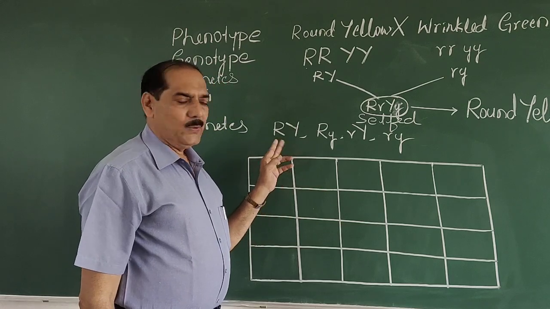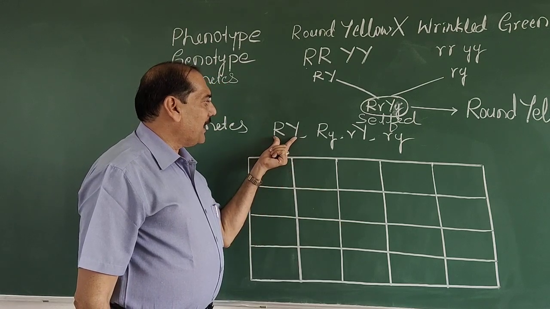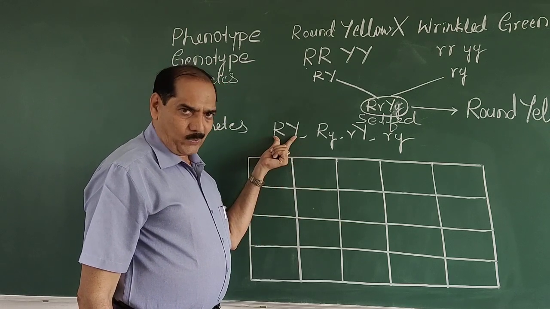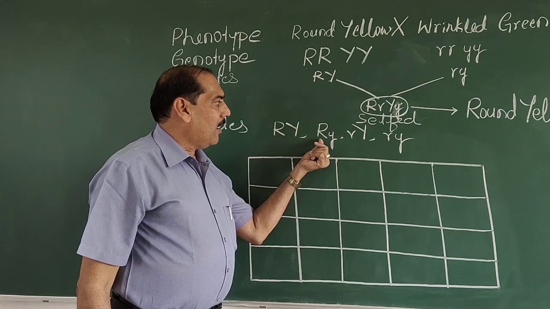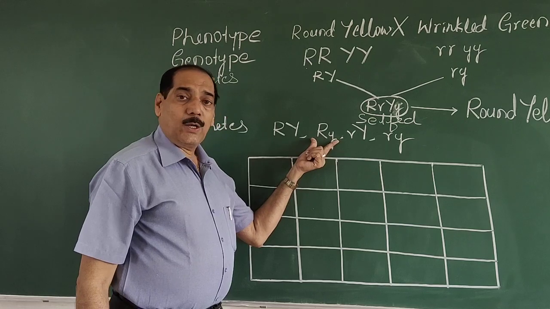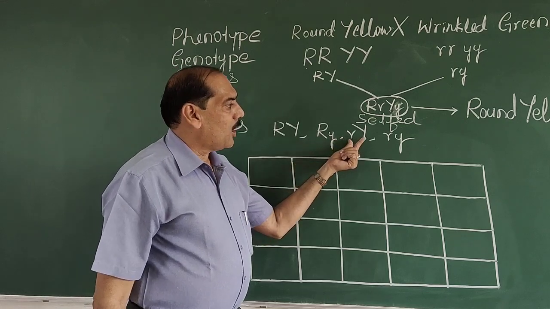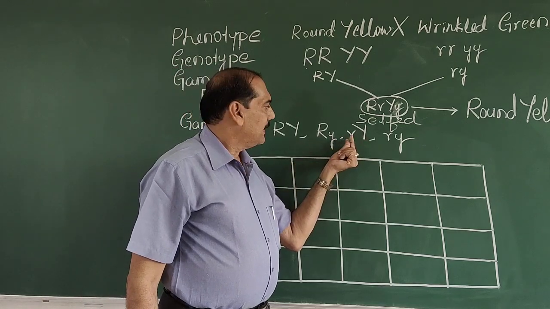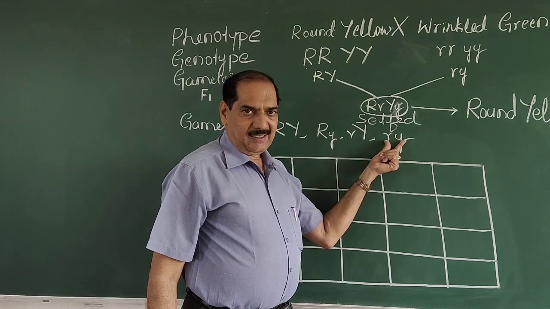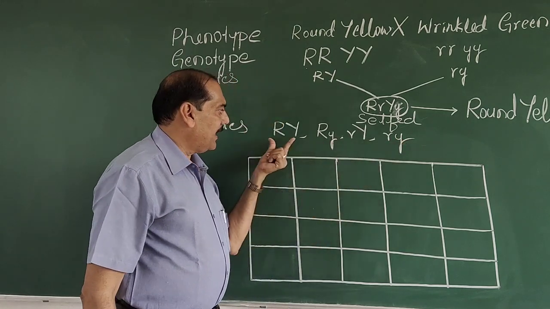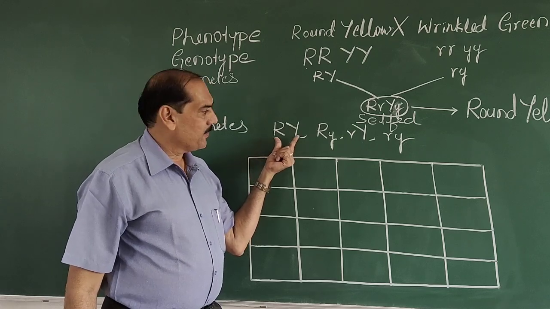4 types. Which are? So capital R and capital Y, one type, means round yellow. This is capital R, small y, means round green. Small r, capital Y, wrinkled yellow. And this is a parental. So this is parental and this is also parental type.